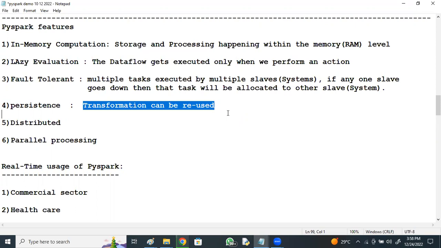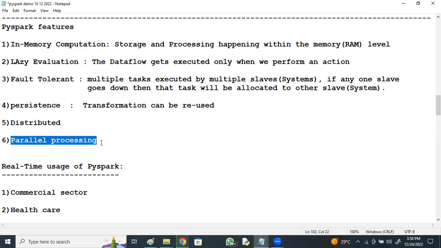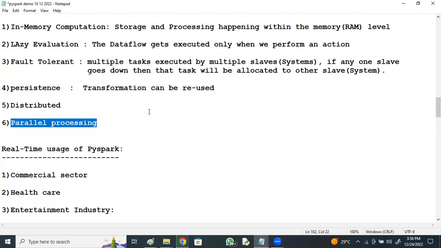Distributed and parallel processing style: data is distributed across multiple RAMs of multiple slaves and processed parallelly, right? Yes.